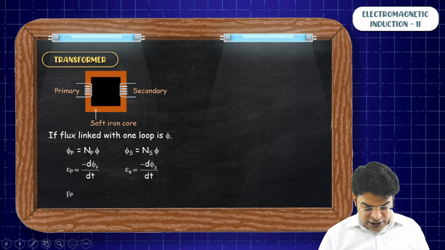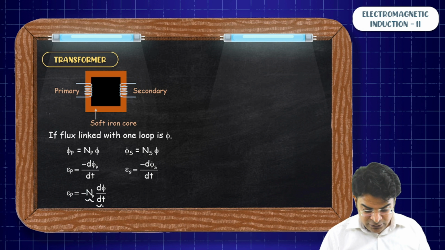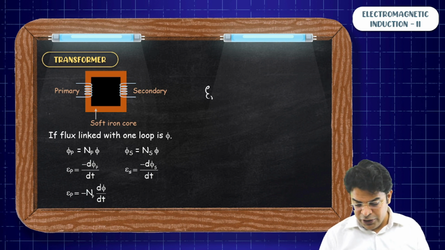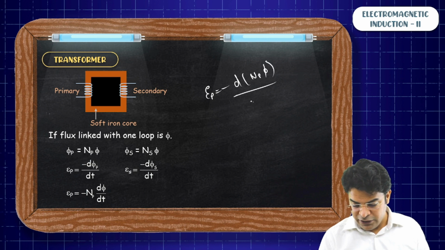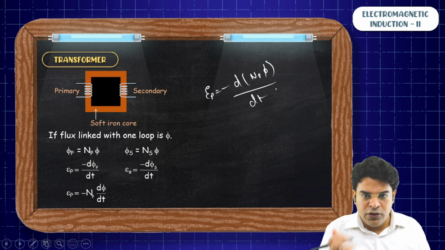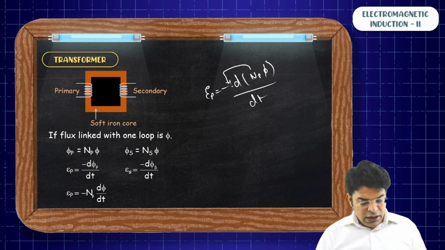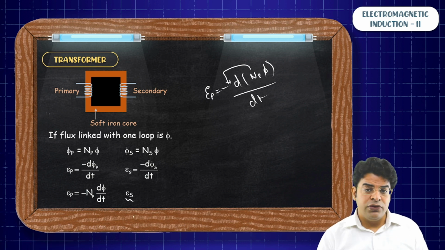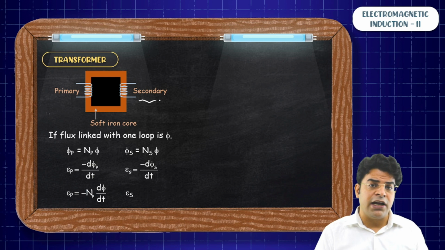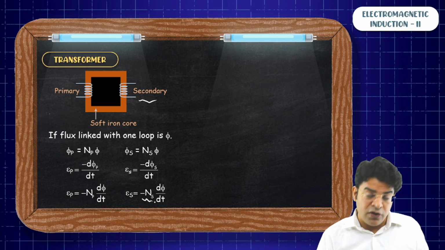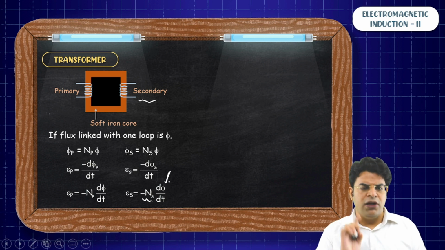So here you will get EP equals minus NP times d phi by dt. If you write EP equals minus d of NP phi by dt, since the number of turns in the primary coil is constant, you can take it outside. The same can be done for the secondary coil. The EMF induced in the secondary coil equals minus the number of turns in the secondary coil times the rate of change of magnetic flux with one turn.